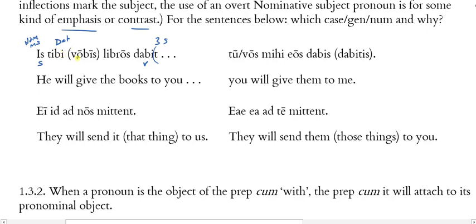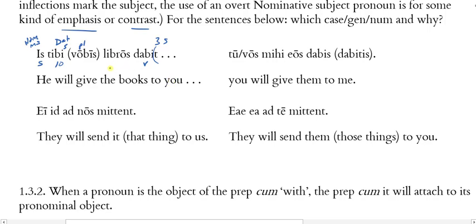And they're second person. Remember, first and second person don't mark gender. They do mark number. Tibi is singular, vobis is plural, but they're dative. Now, why dative case? Because this is the indirect object of the verb dabit, right? So he will give the books to you, whether it's tibi or vobis, in English we'll still translate it the same way. Okay.